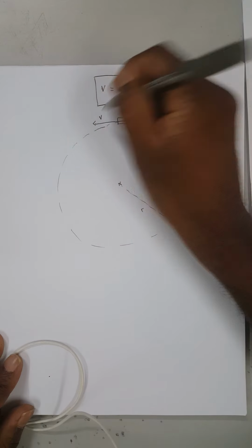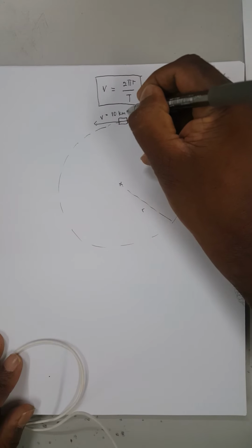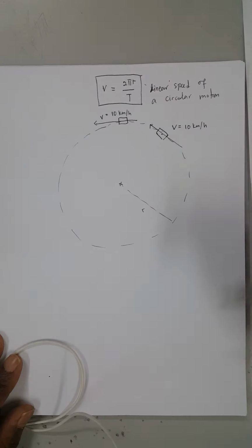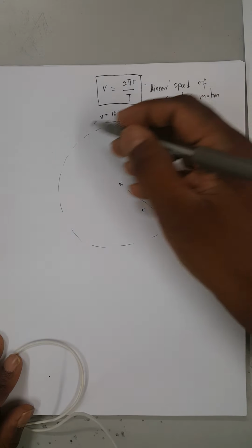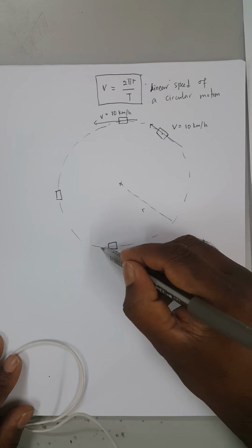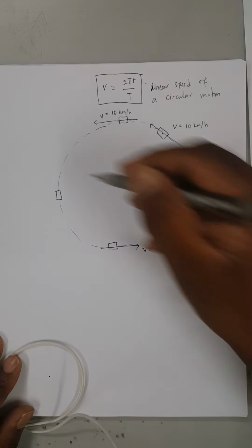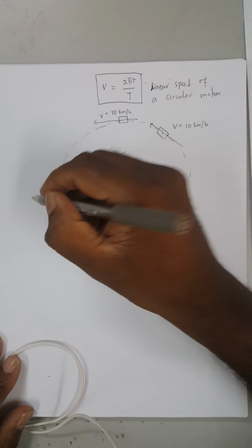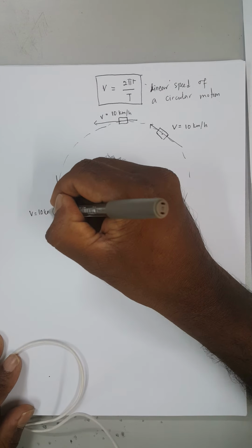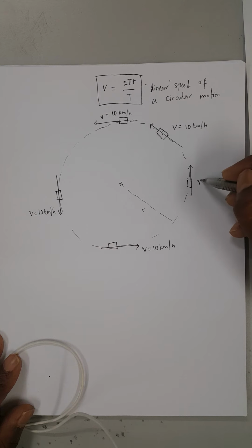Now the velocity is here and the speed is maintained at 10 kilometers per hour, because it's moving at constant speed in a circle. Same goes for any point: the car moves at a tangential speed of 10 kilometers per hour. At this point it's moving downward at 10 kilometers per hour, and here also the same thing, moving tangent to the curve with v equals 10 kilometers per hour.